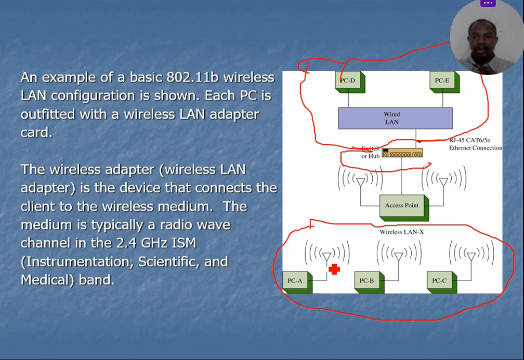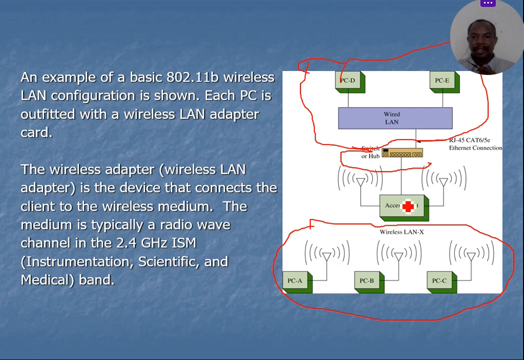Let's say PC A, in the wireless network, wants to send a message to PC D in the wired network. The message will first be sent through the network adapter to the access point.